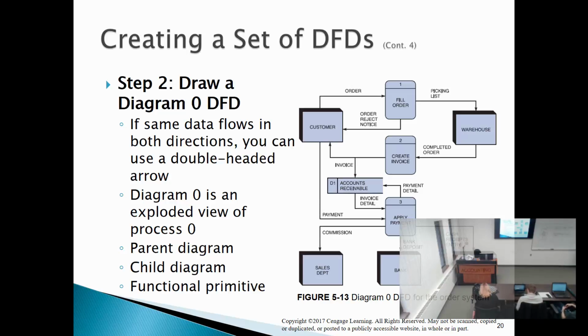Only now we're breaking that order into 3 components. Fill order, create invoice, and apply payment. So those would be the 3 parts of our DFD with associated information flows, and now we're adding a data store.